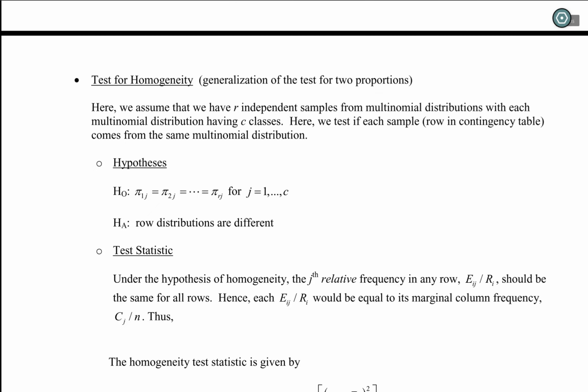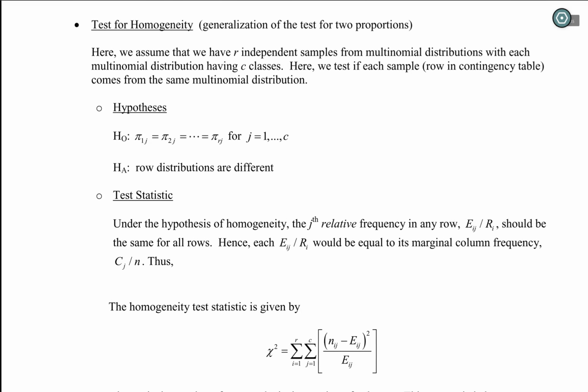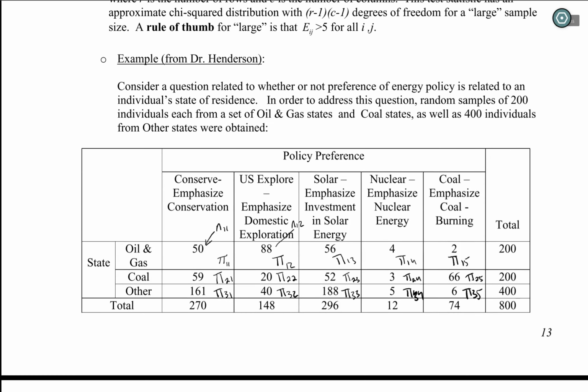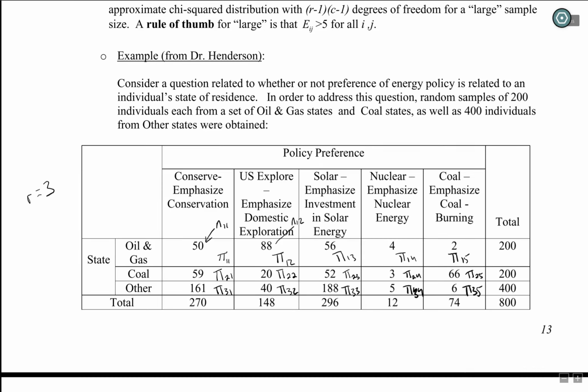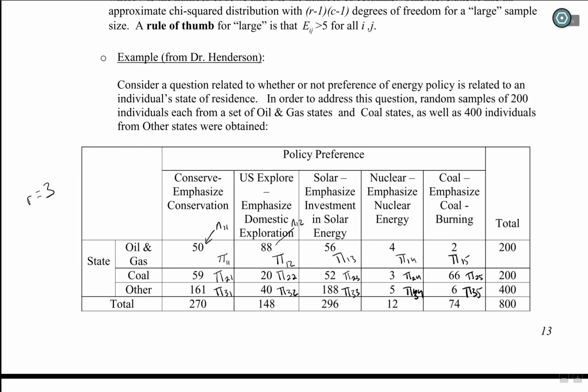All right, test of homogeneity. Here we assume that we have, in general, R independent samples from multinomial distributions, with each multinomial distribution having C classes. For this example, we're assuming that we have R equal to 3 samples from multinomial distributions, and that those samples are independent of each other.